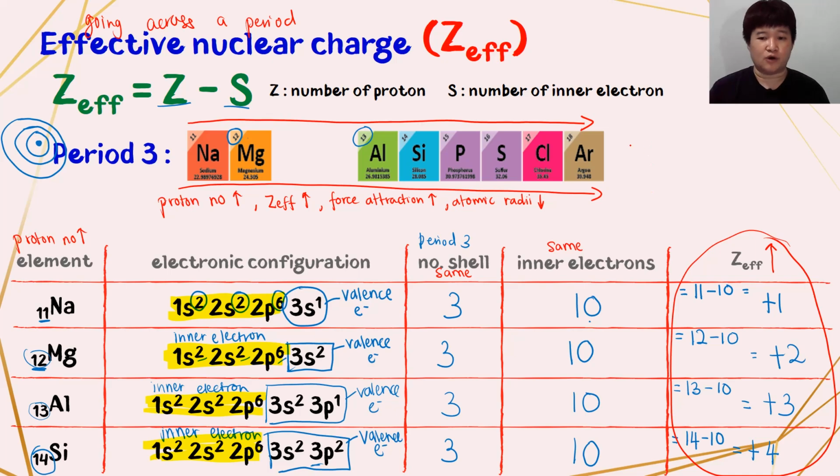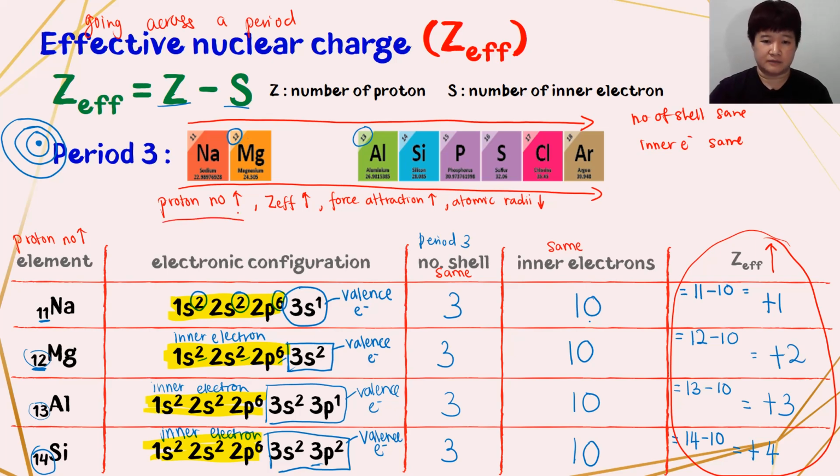And also, when you go across a period, the number of shells remains the same, and the inner electron also remains the same. They are not changing. The only thing that changes is the proton number.